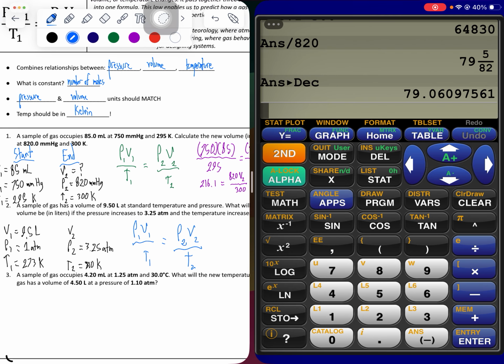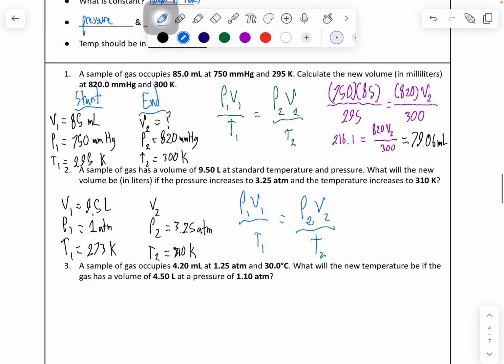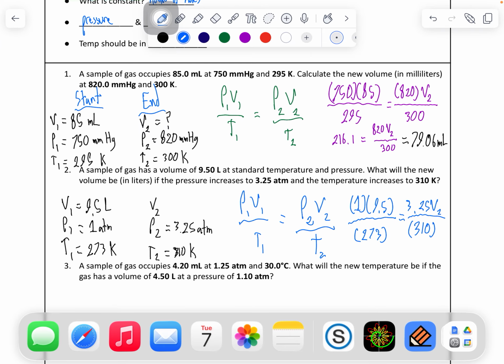We'll go ahead and we can write out, let's get our calculator out of here for the time being. Our first pressure is just 1, then our starting volume 9.5, plug in our temperature, 273 on the denominator, then we have our pressure, 3.25 times that volume, that's what we're solving for. On the bottom, we plug in our ending temperature. And now, let's bring out the calculator.